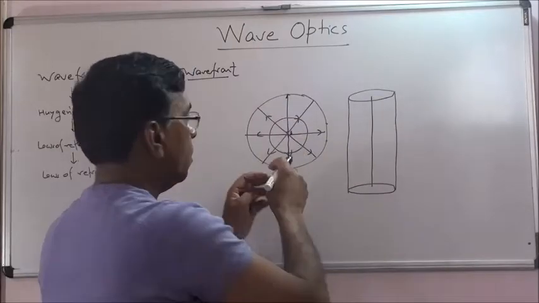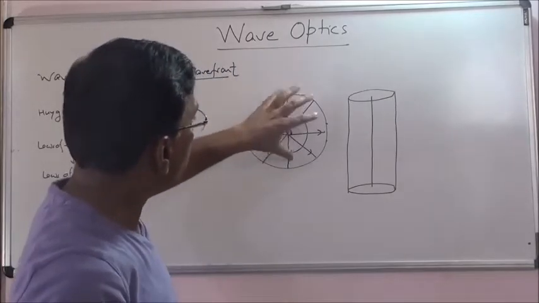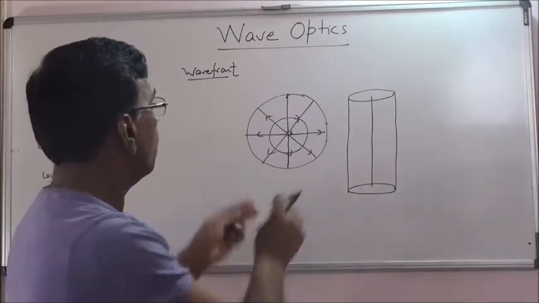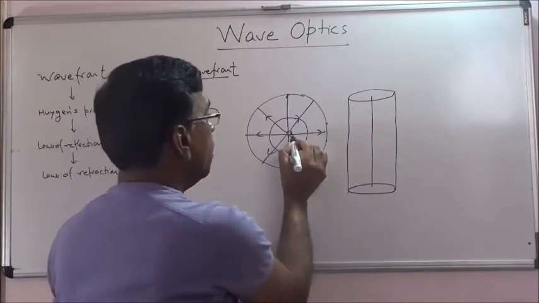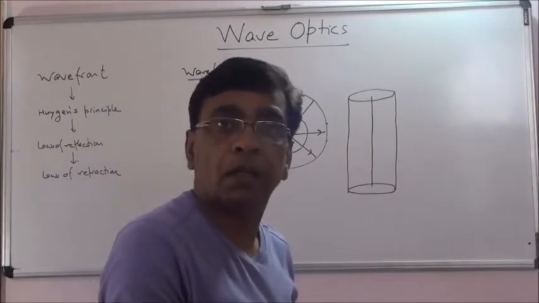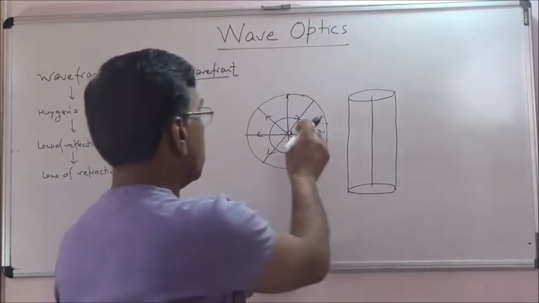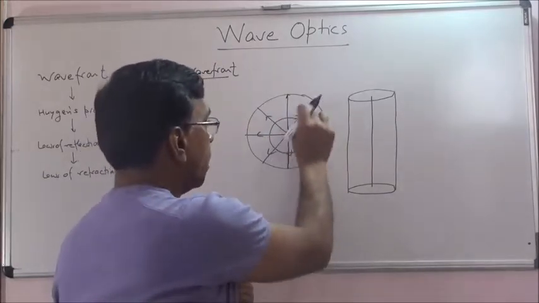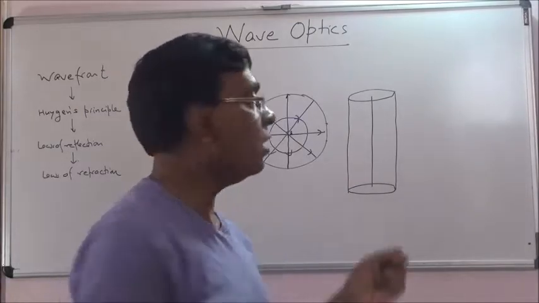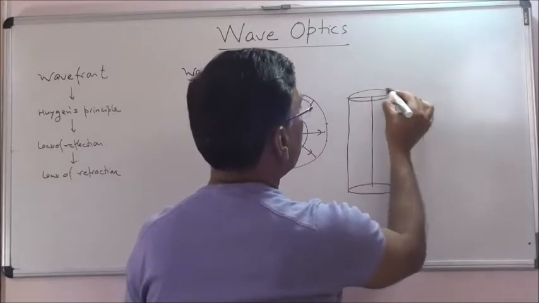The energy is transmitted from molecule to molecule in all directions, radially outward. This is actually how we draw a ray, particularly in case of light. So this is a wavefront, and these lines represent the direction in which the wave is moving. For light, this will be a ray actually. What will be the direction here? Again, radially outward.